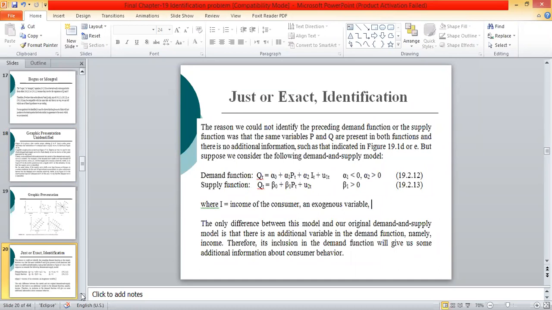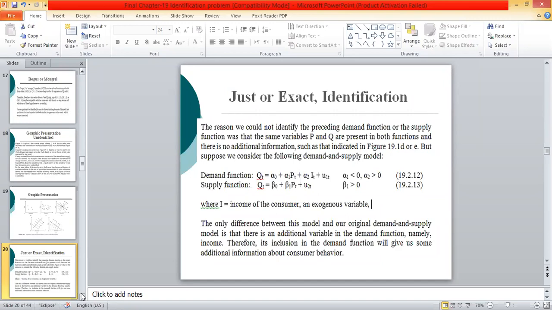In the previous sections, we looked at the reasons why we could not identify the demand functions or the supply functions: we have the same set of variables represented in both of the functions, and that set of variables is price and quantity, and both the demand and the supply models are compatible with the same data sets.